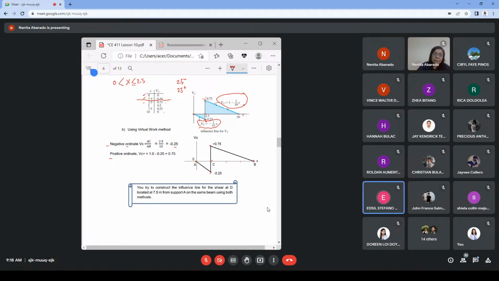Yes, ma'am. Any questions regarding the influence line diagram for reaction and for shear? Baka may mga questions kayo, class. Please. Kung sa isusunod natin, si moment.